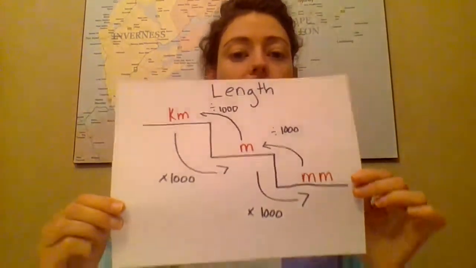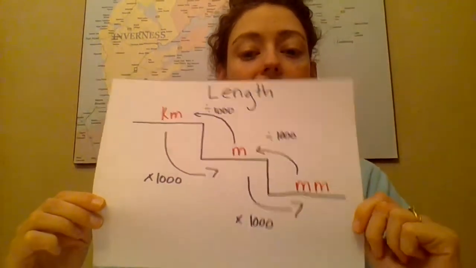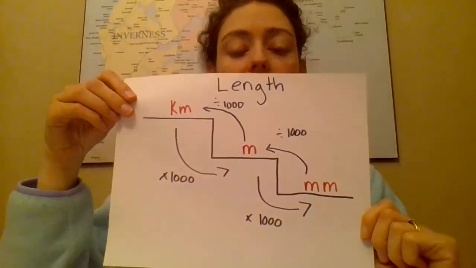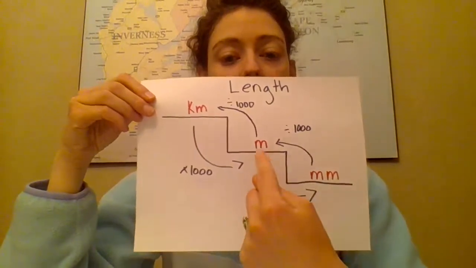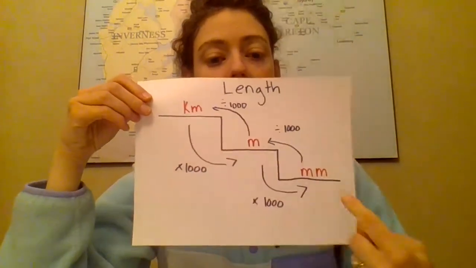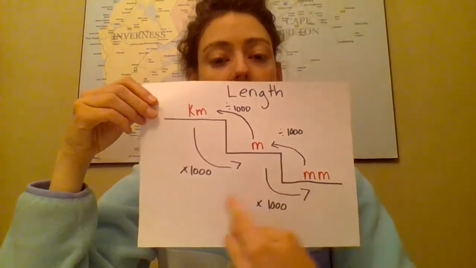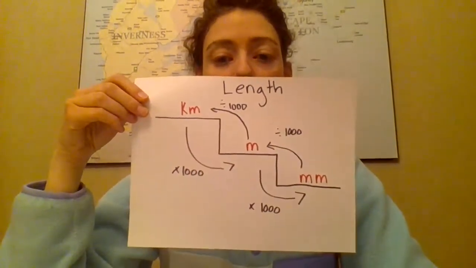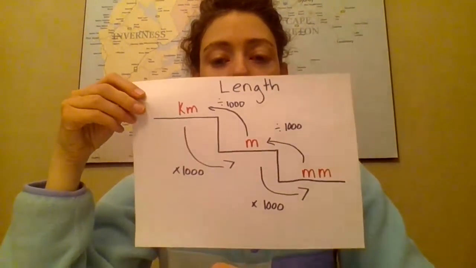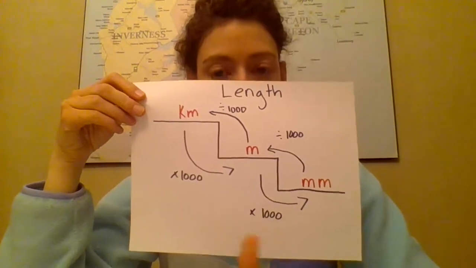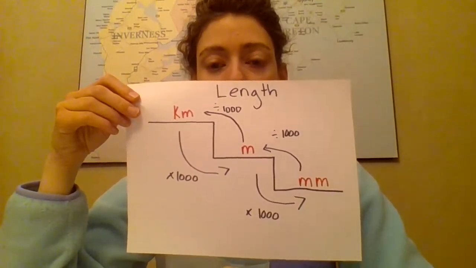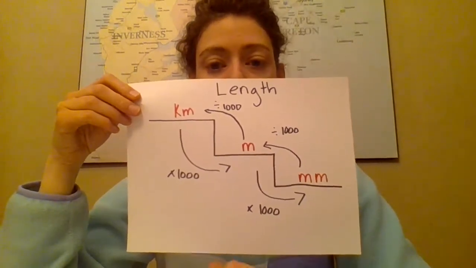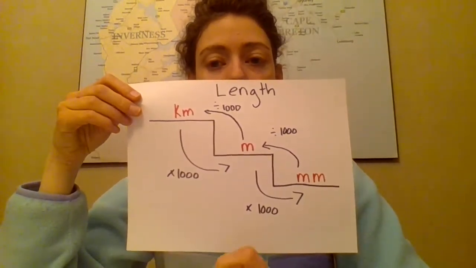Okay, so let's look at this chart here. If you need to pause it to look at it, that's fine. But okay, so we have meters in here. So let's just imagine this is a little staircase, and then we have kilometers here and millimeters. And there's other measurements in between, but these are the most common ones we use when we're talking about really long things. So for example, if we're talking about how far one town is from another, then we would talk about kilometers.